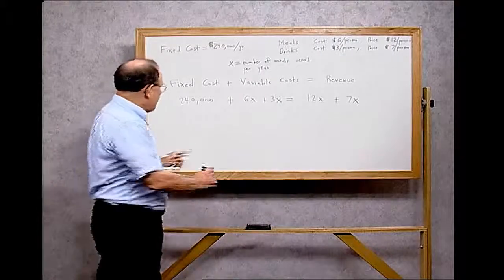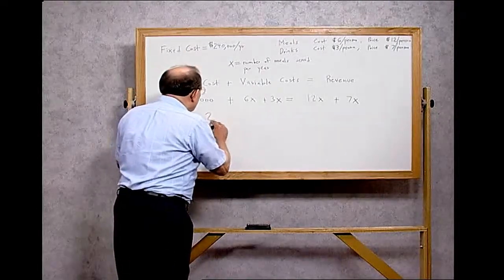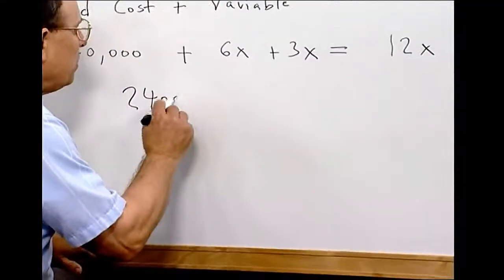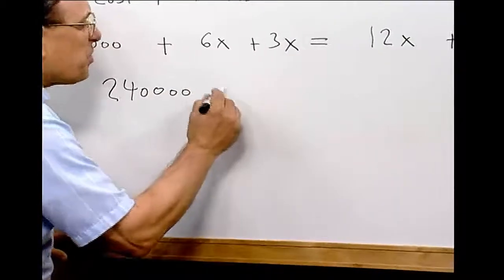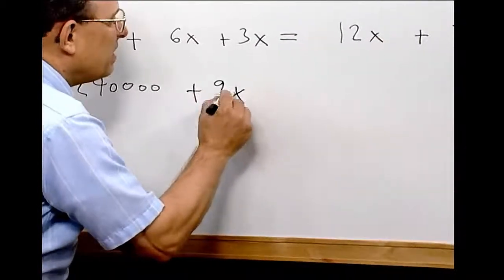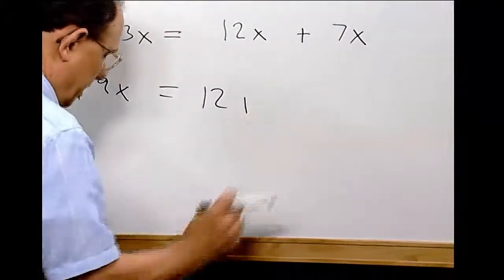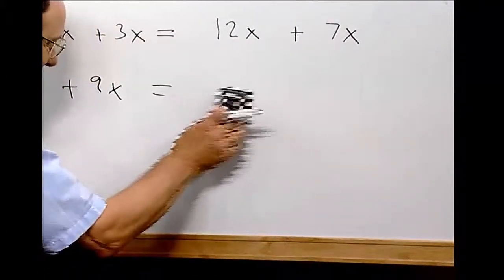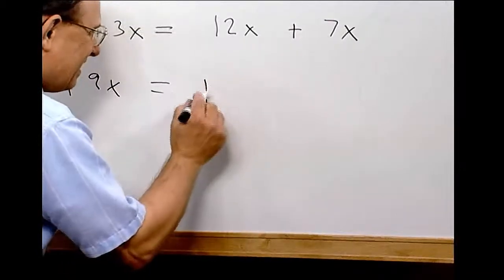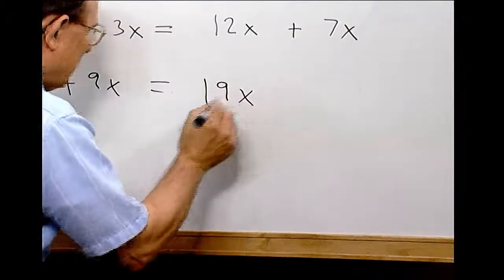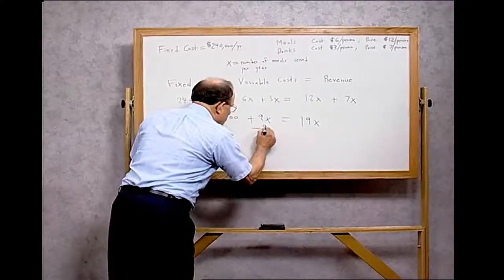We're going to combine like terms, first of all, on both sides of the equation. 6x plus 3x is 9x. And on the right side, 12x plus 7x is 19x. Now we'll subtract 9x from both sides.